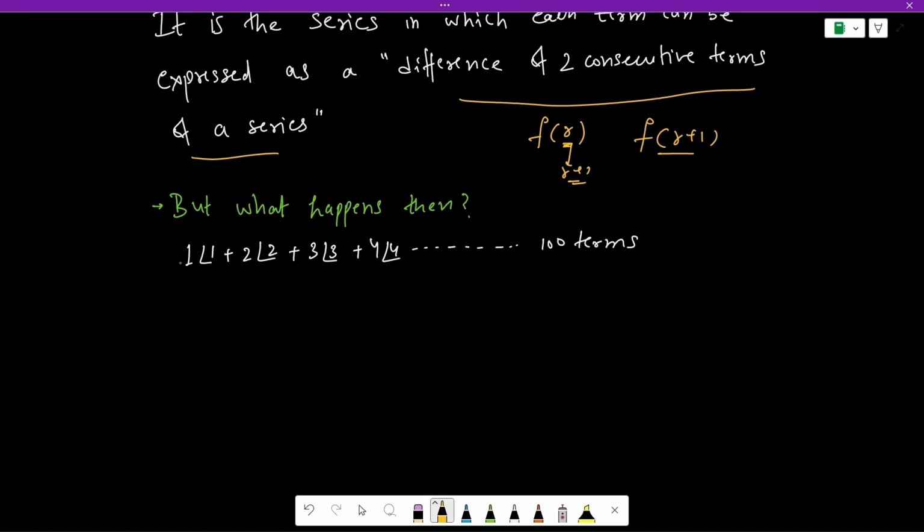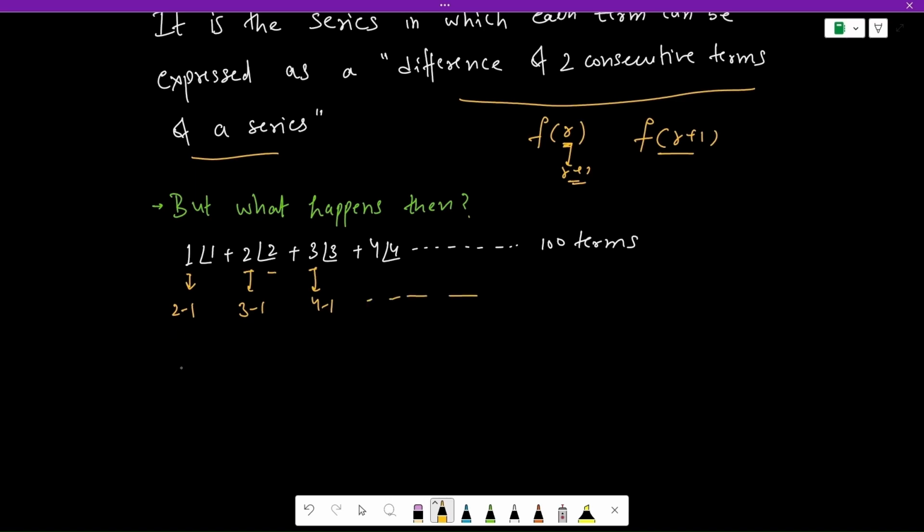So for example, we have this series. It is 1 into 1 factorial plus 2 into 2 factorial plus 3 into 3 factorial and so on up to 100 terms. So now what I'm doing here is I will write 1 as 2 minus 1, 2 as 3 minus 1, 3 as 4 minus 1 and so on.